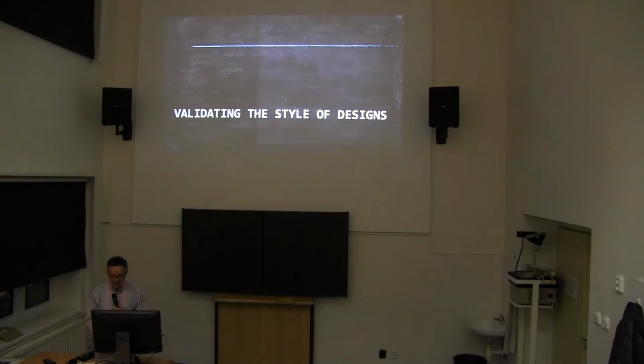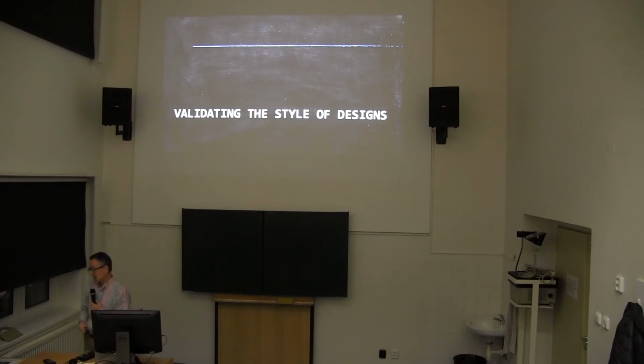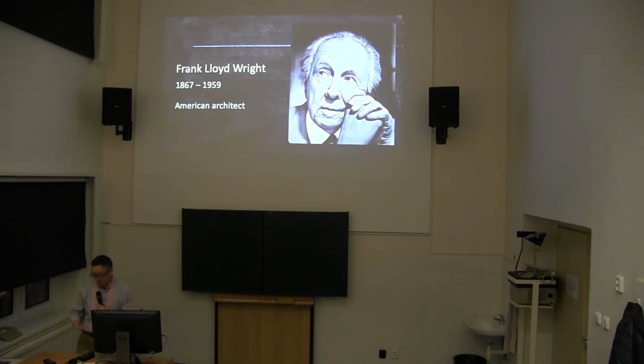Then we step into the second part, a little bit more complex, that's actually more useful. So basically, we want to generate and validate Frank Lloyd Wright houses. And I guess that a lot of you know this architect, and you know better than I do, I'm sure. Okay.